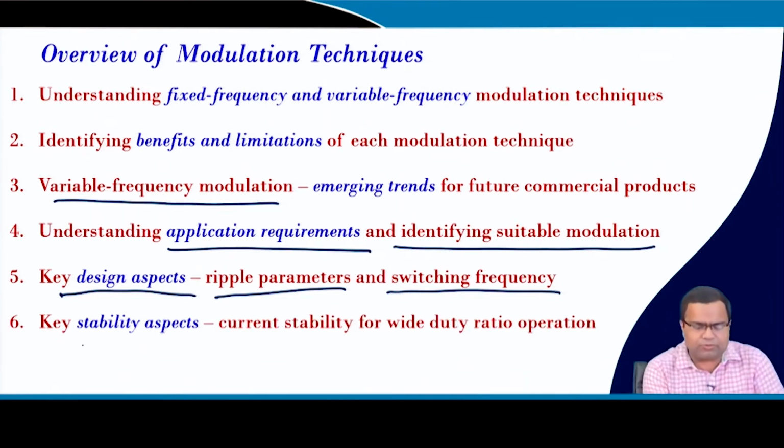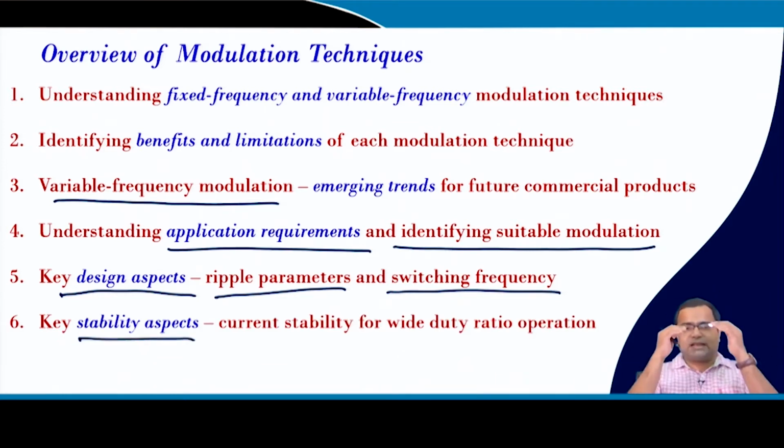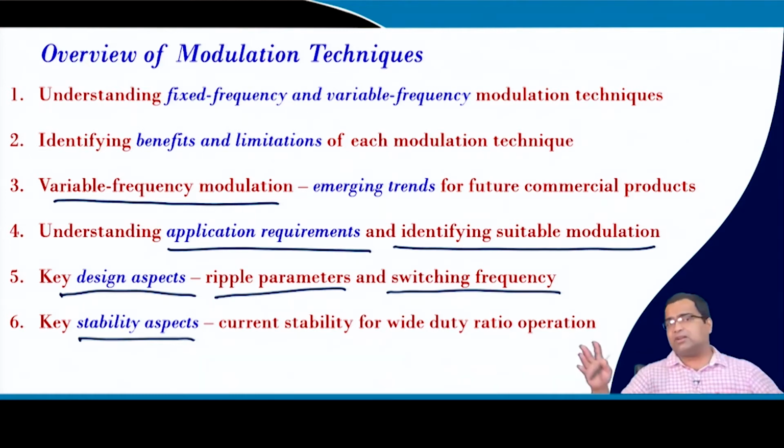Then we also learned some stability aspects, and these aspects are important for selecting the modulation technique. For example, if you go for variable frequency control, any of these we have learned, like constant on time, constant off time and hysteresis, they do not have any current loop stability problem.